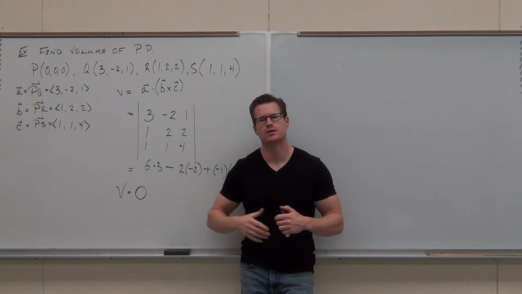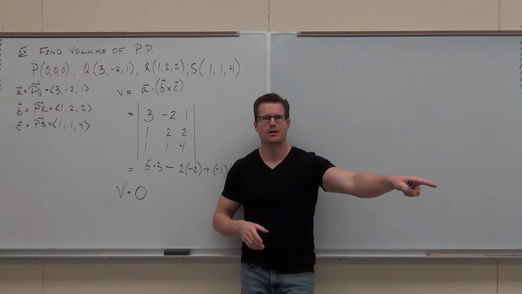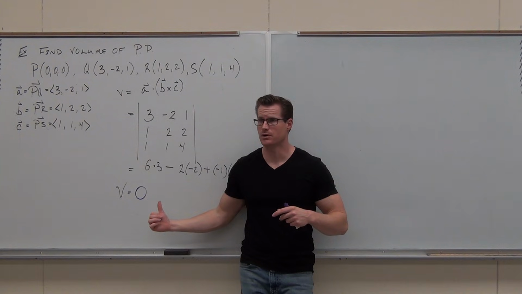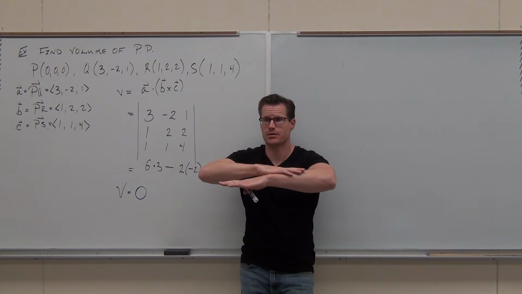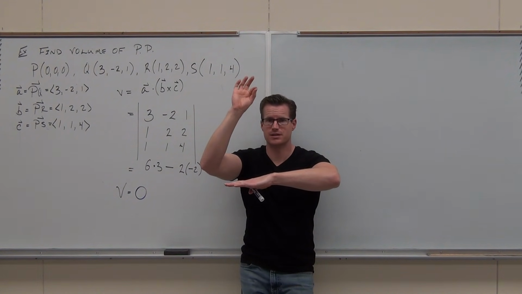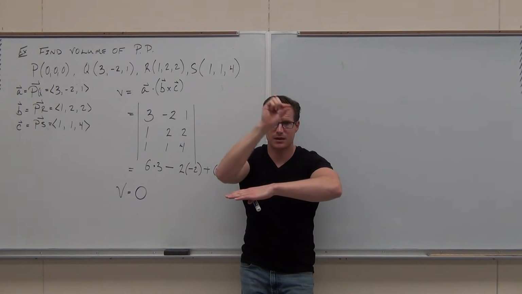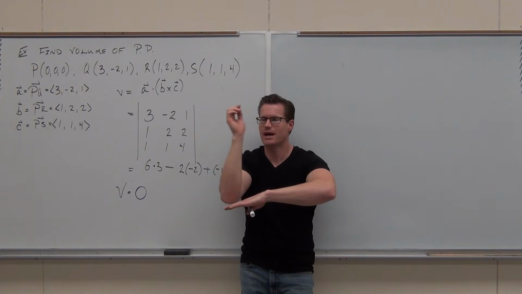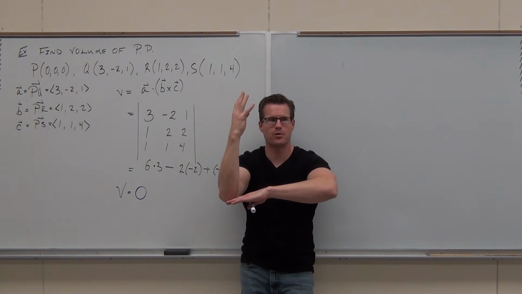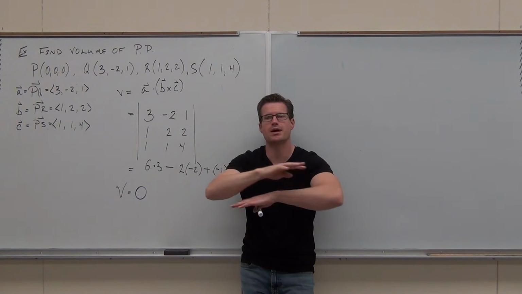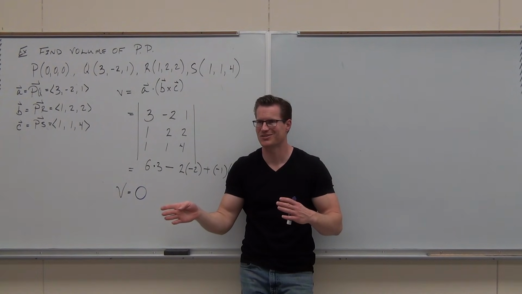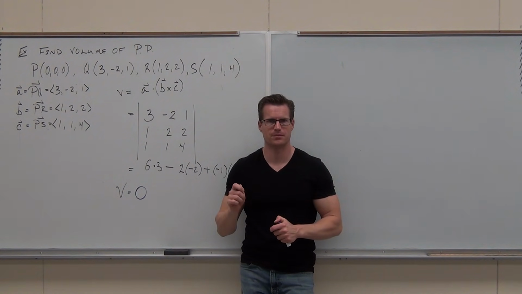They're obviously different points. They're coplanar. If you have a volume of 0, it means that you have no height, which means that the point that's not in the other 3 points' plane is in that plane. If your height is 0, it means the 4th point is in the same plane as the other 3 points. Isn't that kind of cool? It means you have something that's coplanar.